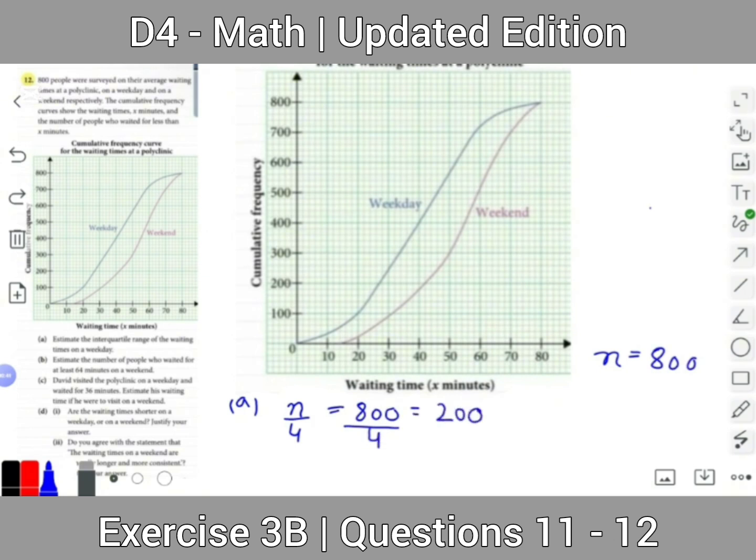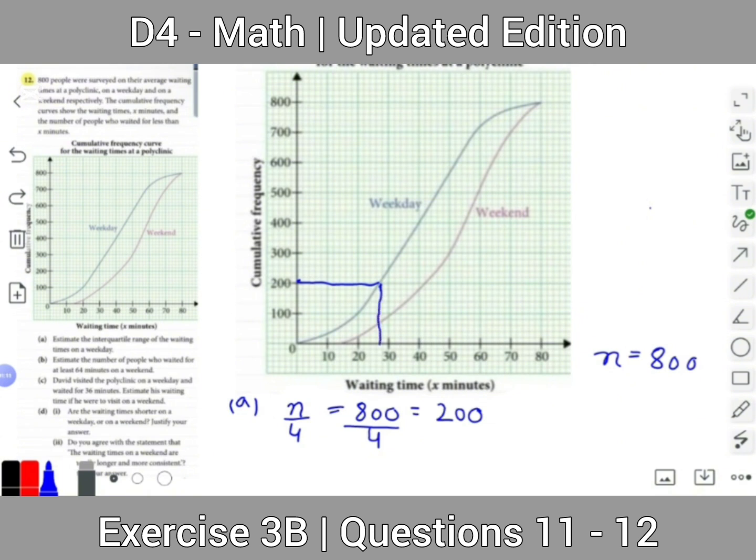So now we will look for the data value corresponding to the cumulative frequency of 200. From 200 we will draw a horizontal line until it touches the cumulative frequency curve for the weekday. Now from the point of intersection on the curve we will draw a vertical line until it touches the x-axis.